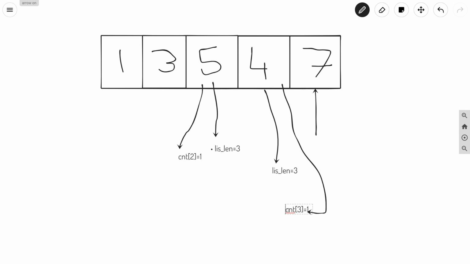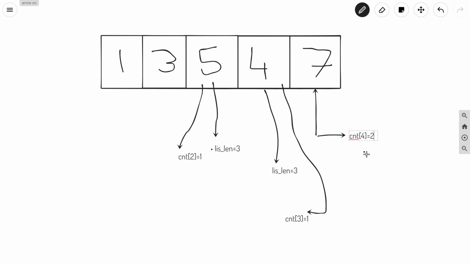But for 7, count of 4, on the 4th index, you can see that we can have LIS of length 3, which is maximum before this index, at 2 points. Those 2 points are at index 2 and index 3. So it is nothing but 2.